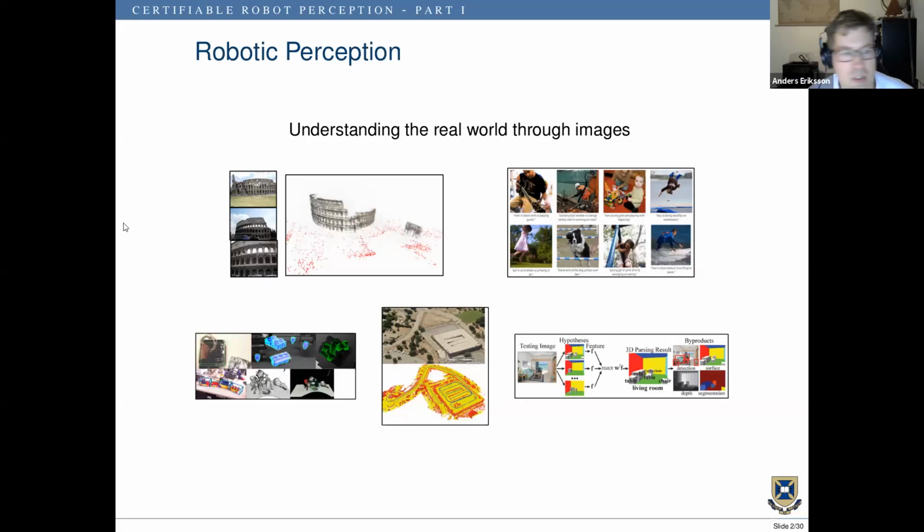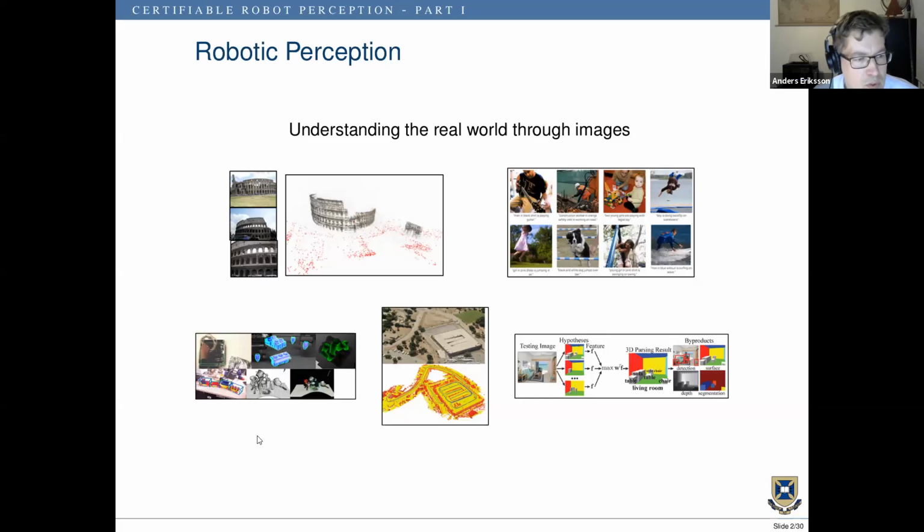So here, for instance, you can see we have the problem of 3D reconstruction, image understanding, on the bottom left an example of 6 degree of freedom pose estimation, in the middle robotic localization and mapping and SLAM, and perhaps something like semantic image segmentation.